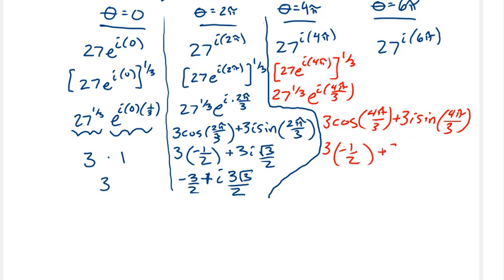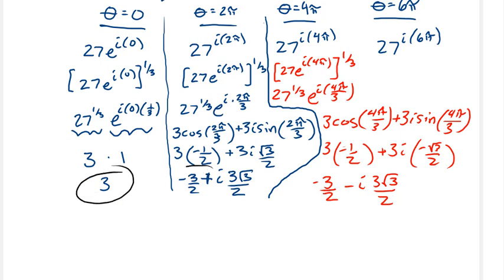But the sine of 4 pi over 3 is negative root 3 over 2. So this is going to be negative 3/2 minus i 3 roots of 3 over 2. So we have these 3 unique solutions here.